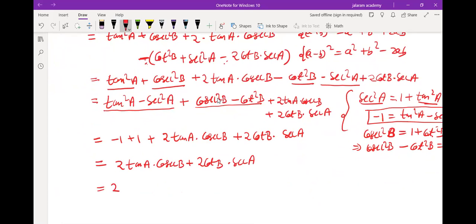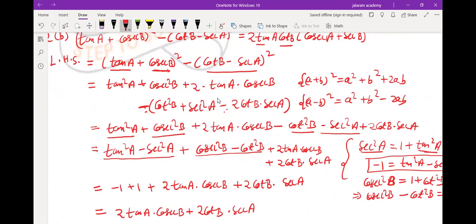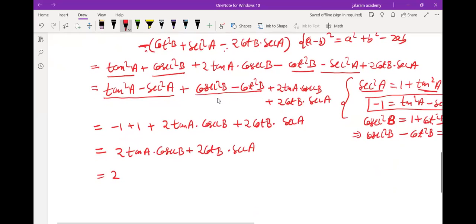Now 2 will be common. 2 we have to bring. And tan A cot B, but they have no common term as tan A cot B. But remember, if we take C common from A plus B, what will we get? Can you tell?